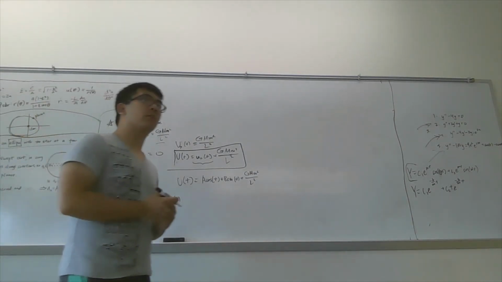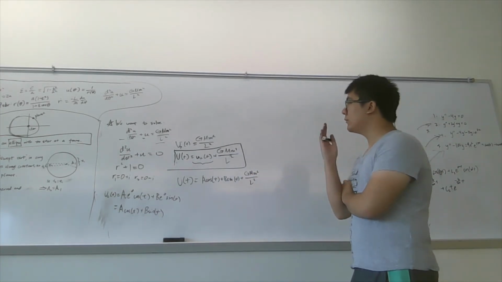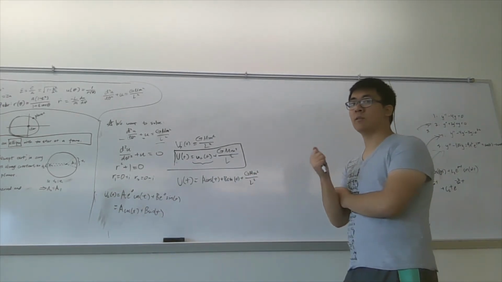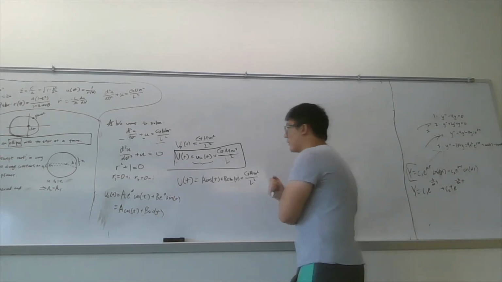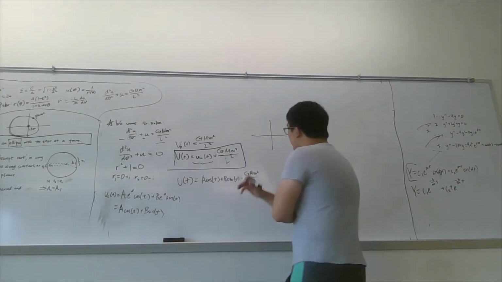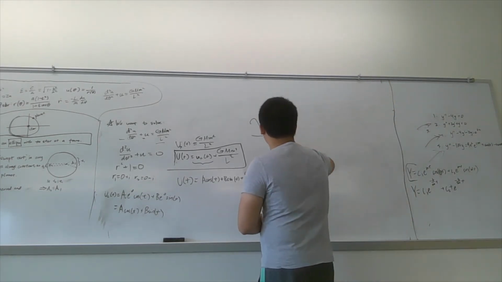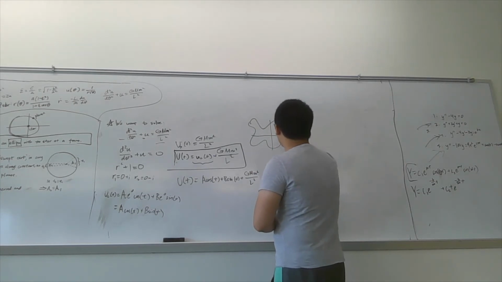So now we need to find some boundary values so that we can find a particular solution. We still don't know if it's an ellipse or not, so we'll just have an arbitrary orbit.